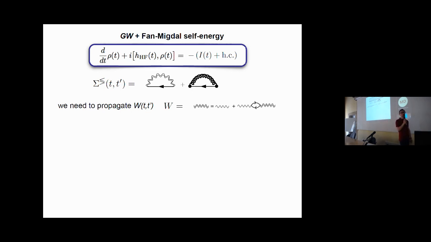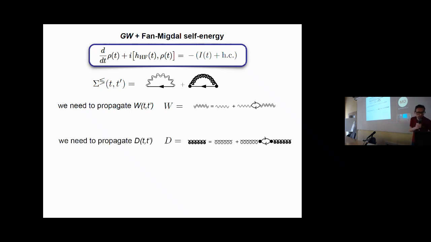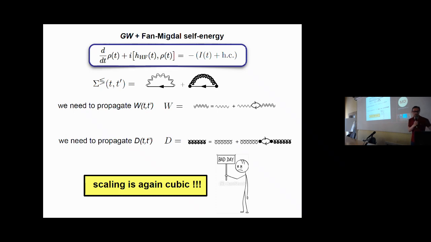And we have also to propagate D, the phonon Green's function, that depends on 2 times as well. So we see that at the end of the day, if we want to do GW plus Fan-Migdal, the scaling is again cubic, so a disaster.